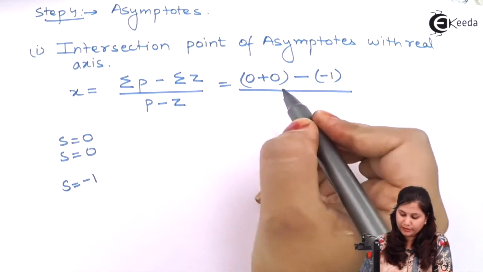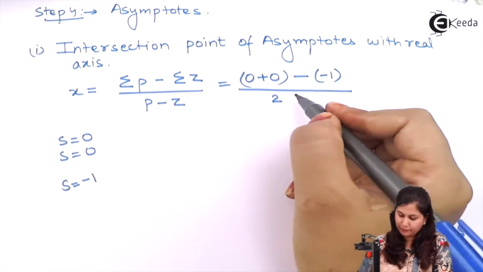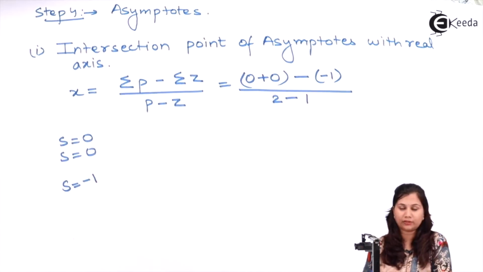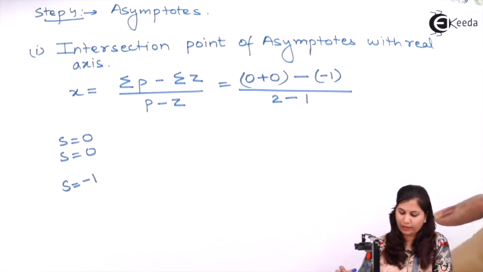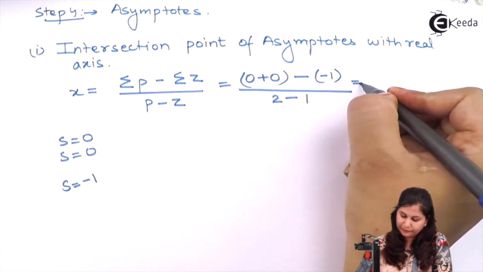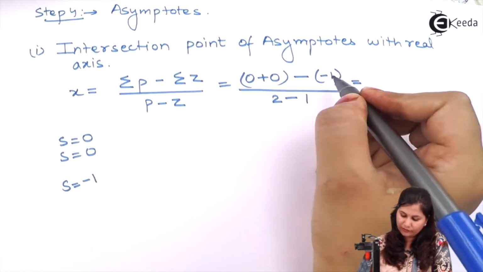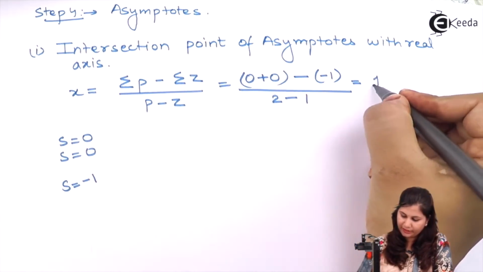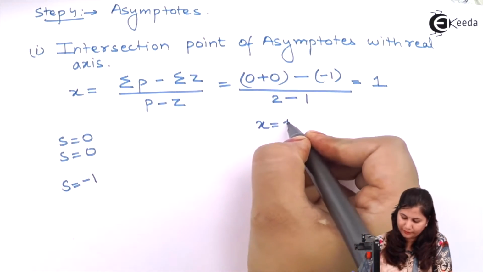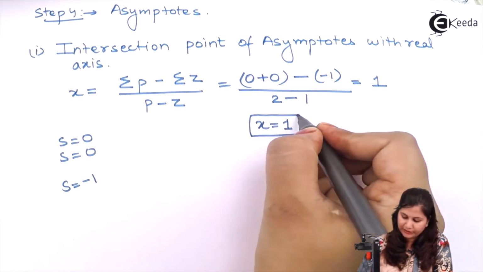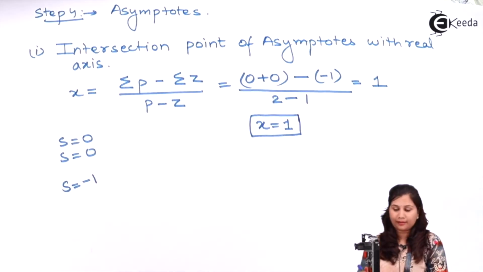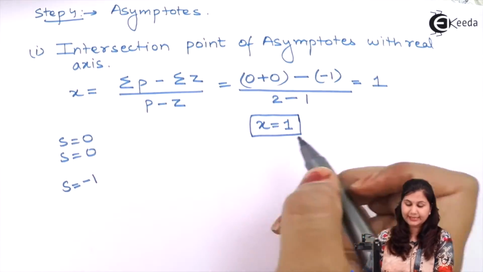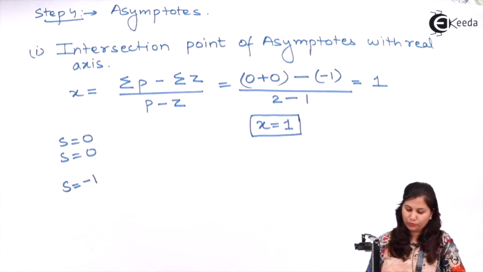Now the number of poles, there are 2 poles, and the number of zeros, there is 1 zero. So this is 2 − 1. So our x will be 0 + 1, that is 1 upon 1. So we have x = 1. So the asymptote will intersect the real axis at x = 1.